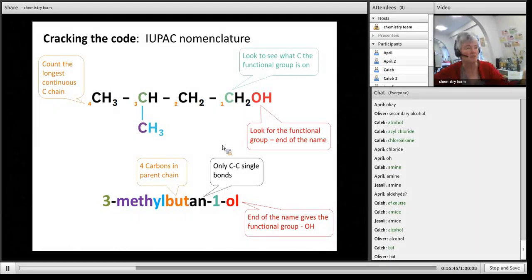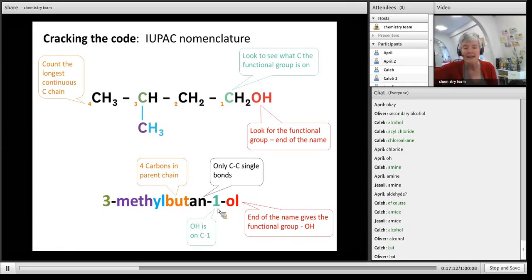So we start numbering from here, the right going to the left, rather than the left going to the right and making this carbon 4. Okay, it has to be the lowest one. So we look to see where's the OH. It's on the first carbon, so I have to say where that alcohol is. So we know it's on the first carbon and not on the second one, and so on.